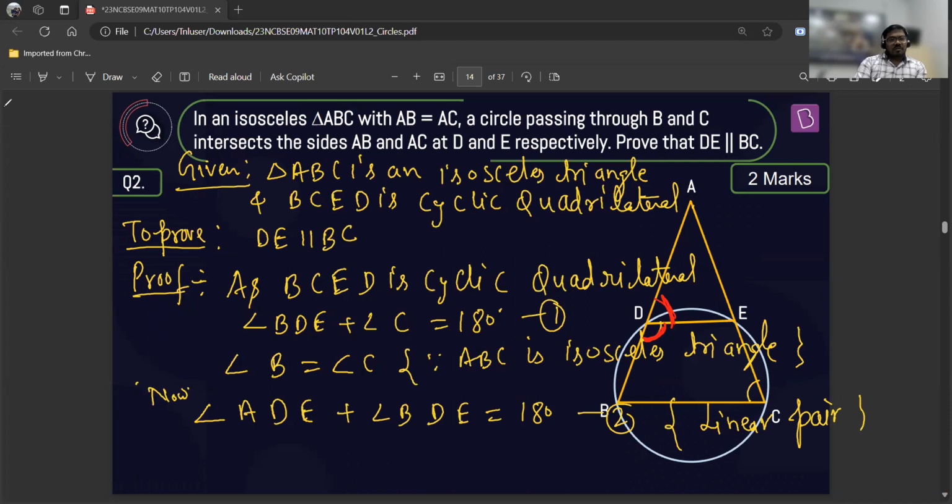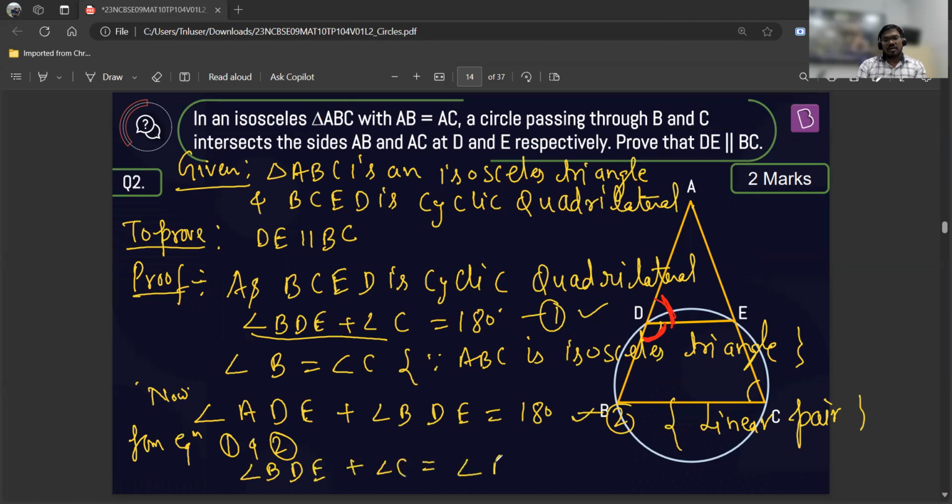All right, so from equations 1 and 2, this is equation 2, both right-hand sides are equal, so we make the left-hand sides equal. So angle BDE plus angle C is equal to angle ADE plus angle BDE, right?